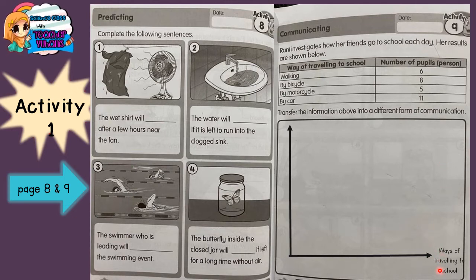Ways of traveling to school is for the horizontal axis, and number of pupils is for the vertical axis. Then you write down walking, by bicycle, by motorcycle, and by car as ways of traveling to school.